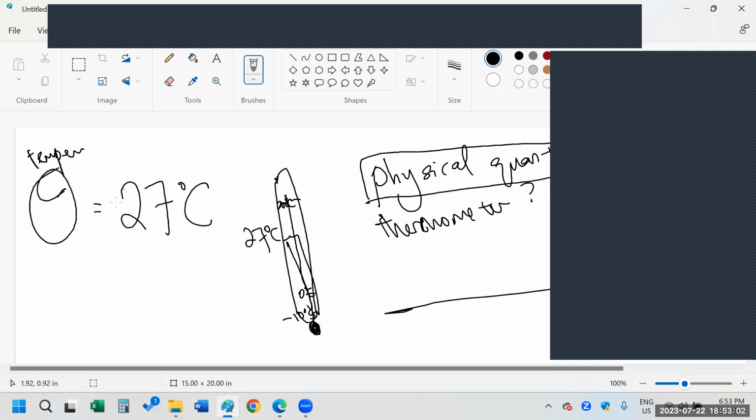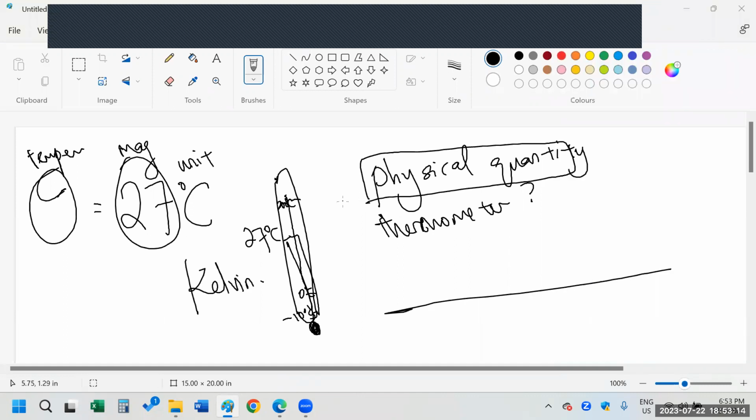So this is the magnitude, this is the unit. But of course, absolute temperature is in Kelvin. So this is why you read the book but cannot score. Read the question properly, right?